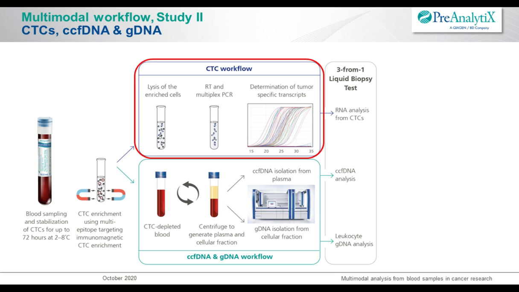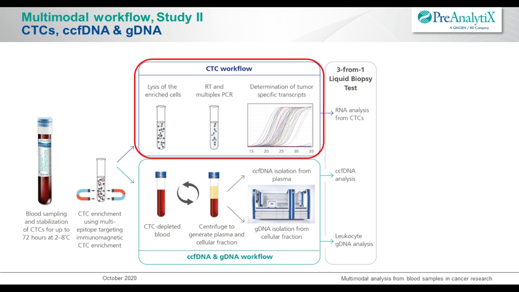Then we used antibody-coated magnetic particles to enrich the CTCs from the blood and isolate them via magnets. In the upper part of the workflow, we then lysed this CTC-enriched fraction and did RT-PCR, looking at specific targets from these circulating tumor cells.